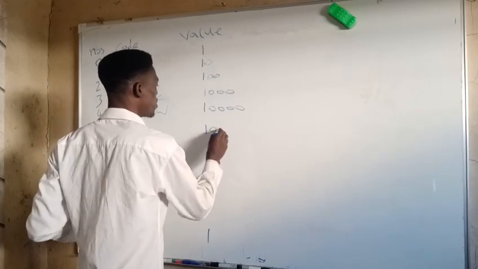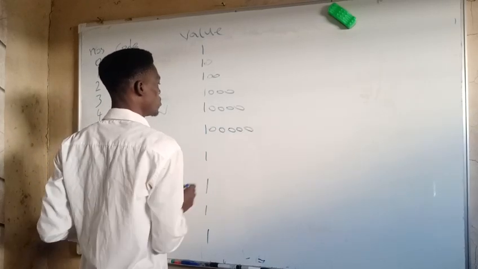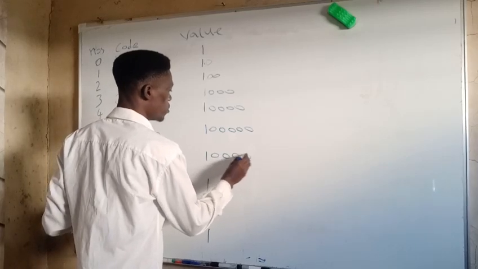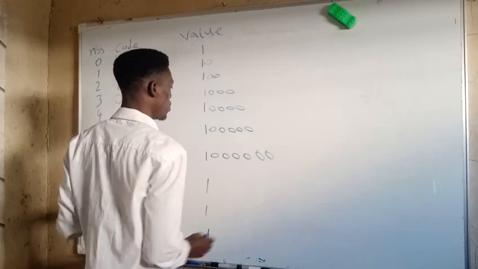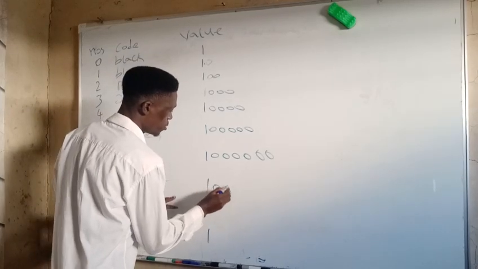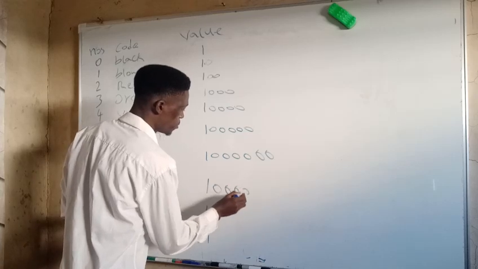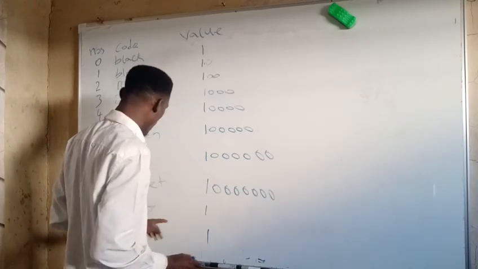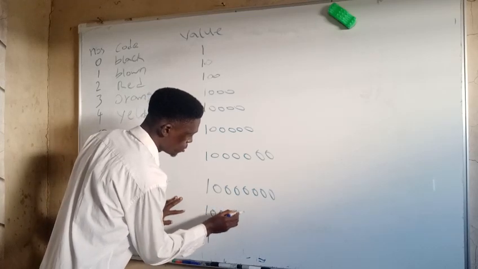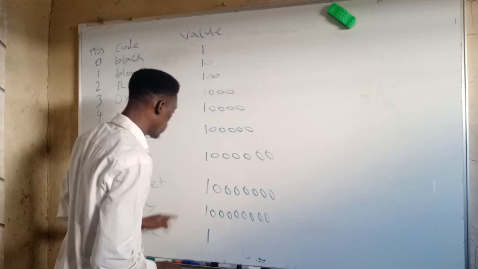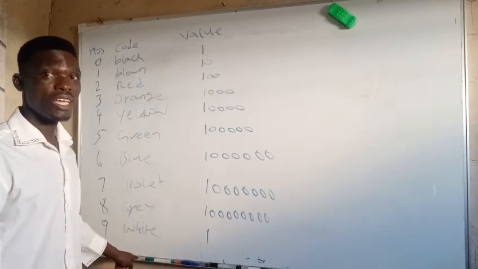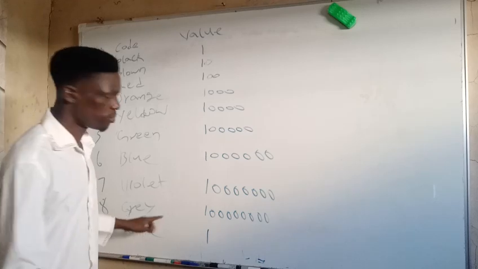Green is 100,000. Blue is 1 million. Violet is 10 million. While gray is 100 million. While white is 1 billion.